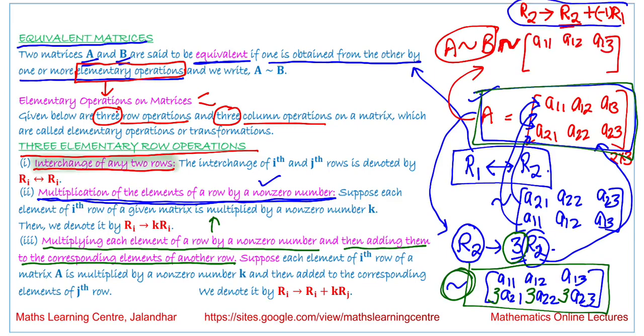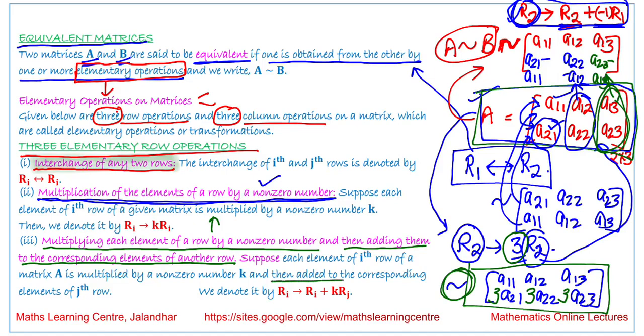Look at this operation: row 1 is not changed, only row 2 is changed. And how is row 2 changed? It is row 2 minus row 1, which means this element minus this element: A21 minus A11, next A22 minus A12, and last A23 minus A13.